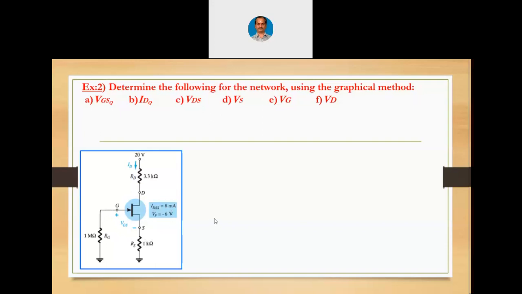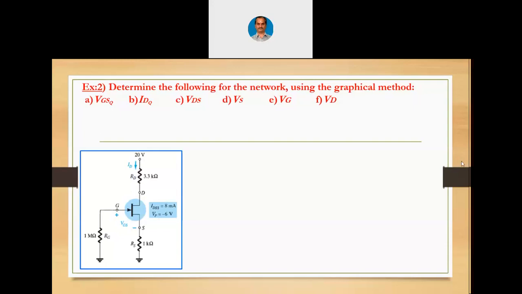Or 0.5 Vp. One corresponds to 4 milliampere, one corresponds to 2 milliampere. So it is 1.8, comma 2. Yes, correct. Minus 6 volts into 0.3 is minus 1.8, and minus 6 volts divided by 2 is minus 3.